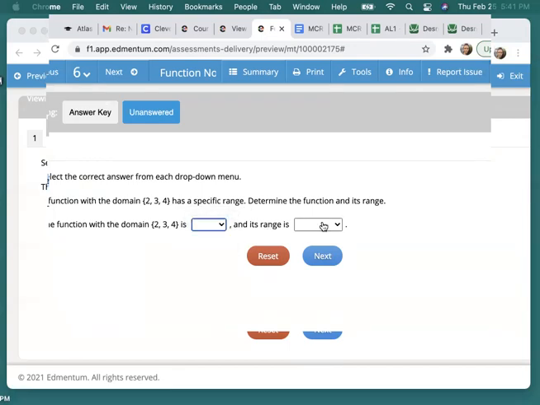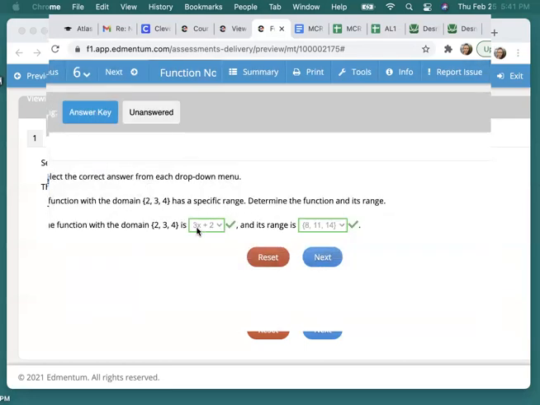And its range, once you figure out what the function is, then you can plug in the numbers and get the range. So if we look at the function 3x plus 2, and then we plug in 2 for x: 3 times 2 plus 2, so 6 plus 2 is 8.